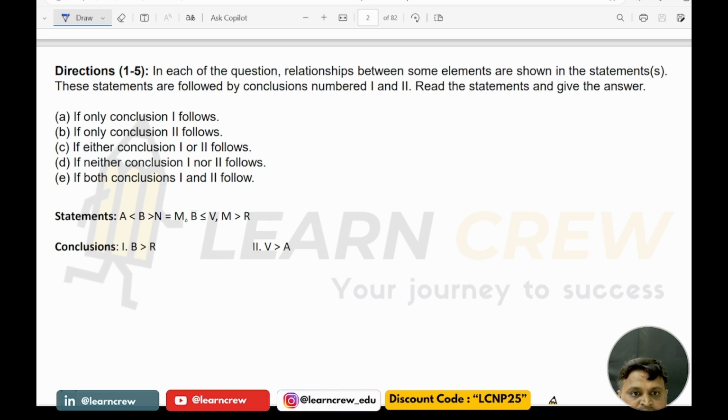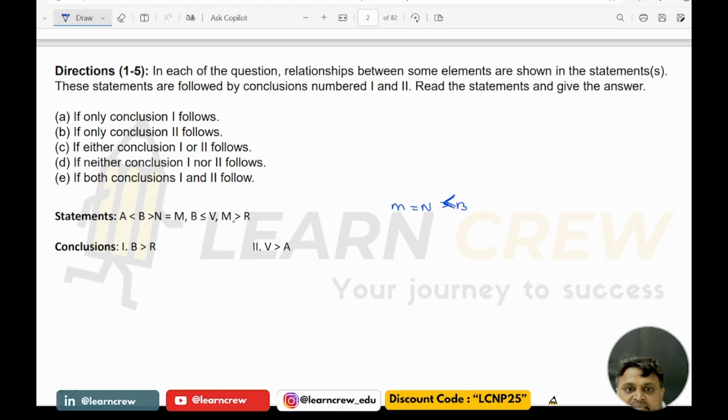B and R relation: B is less than or equal to V, and it is given that M is greater than R, M is equal to N. Please see here, M is equal to N. N is greater than B, so N is less than B. B is greater than N.